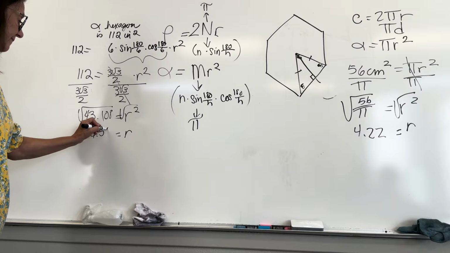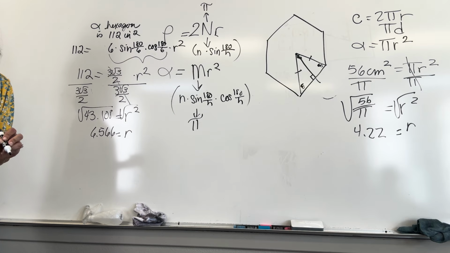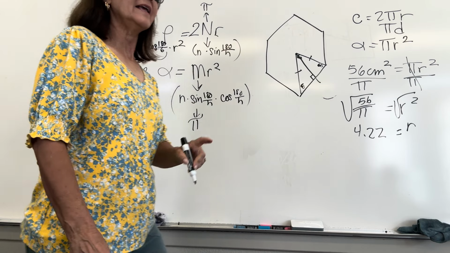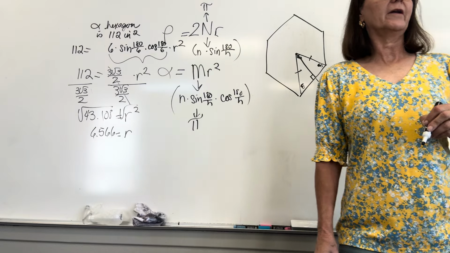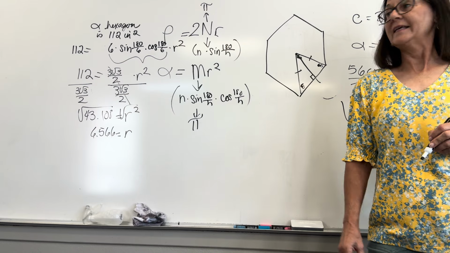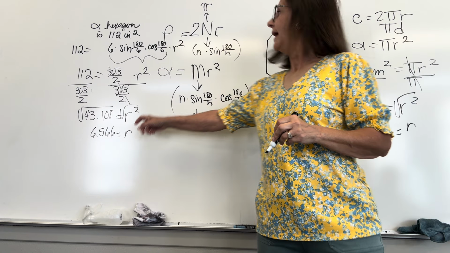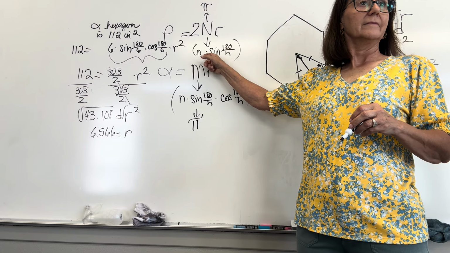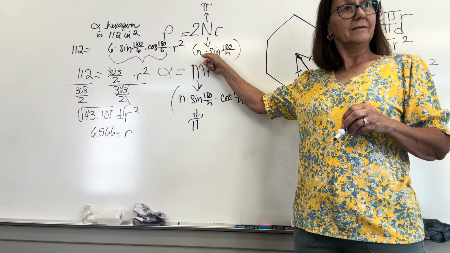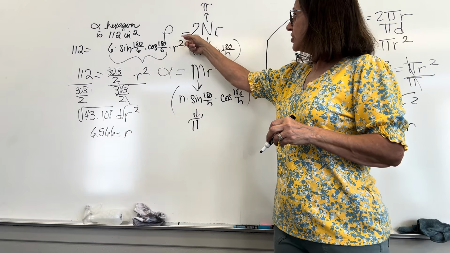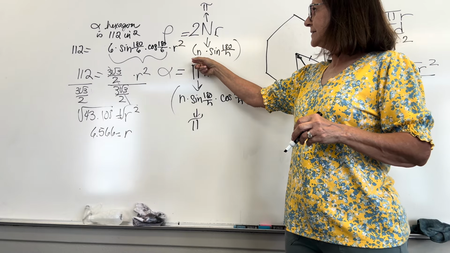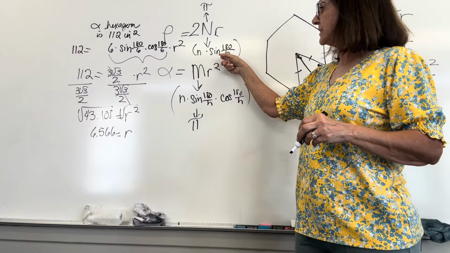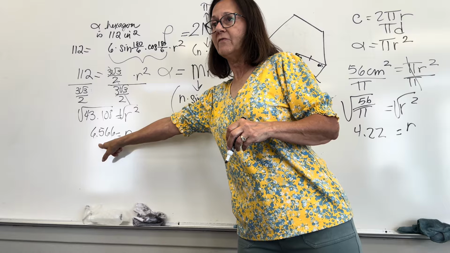6.566. You agree? Now can I calculate the perimeter? Yes, I have the radius, and I go to 2nr. Got it? So what's 2 times 6 times the sine of 180 over 6 times 6.566?